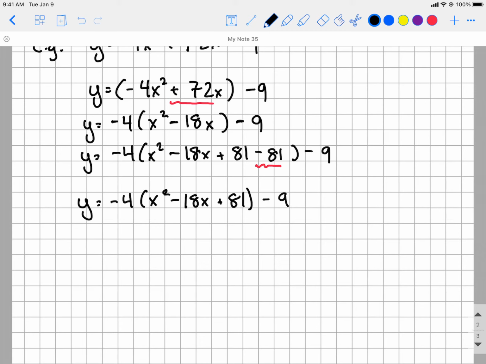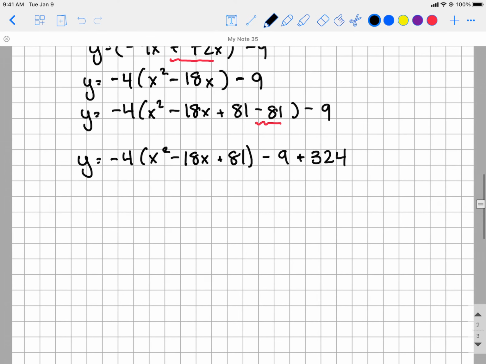Negative 4 times our 81 gets us positive 324. So now we combine this all together.